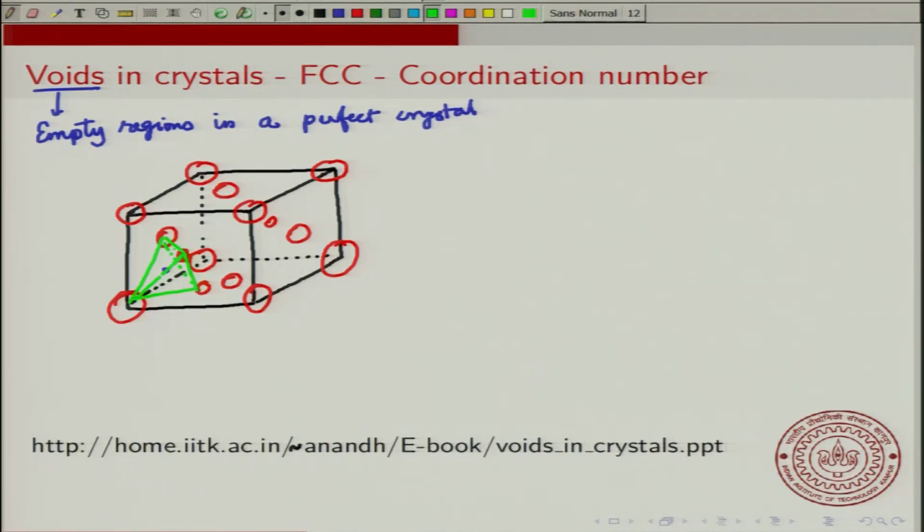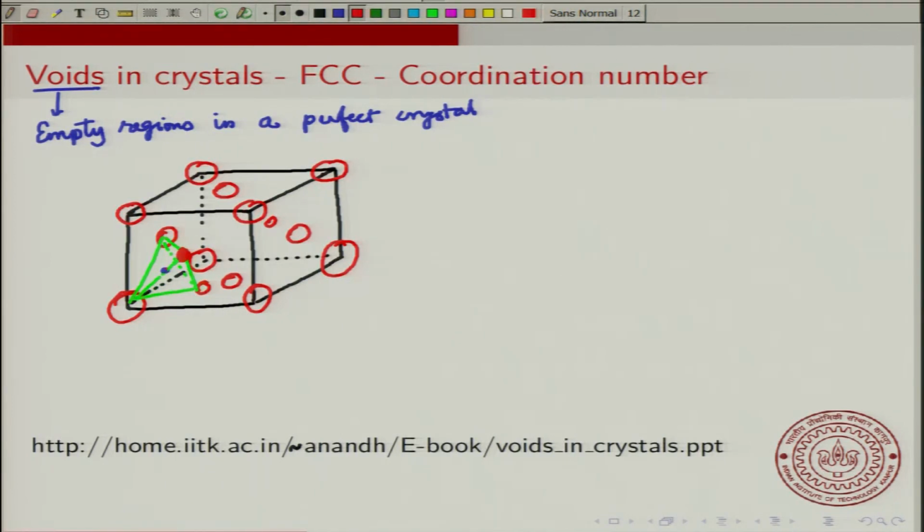Now this point in blue is equidistant from this face center, this corner, this face center, and this face center. The last one in red is actually located in the face directly in the plane of the screen.